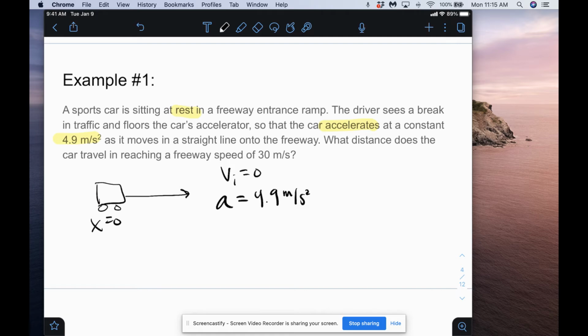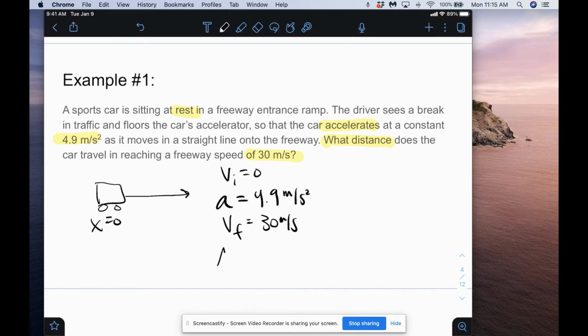And then it says, what distance does the car travel in reaching a freeway speed of 30 meters per second? So we're going to reach a freeway speed of 30 meters per second, which means that my final velocity is going to be 30 meters per second. And then they're asking me what distance. So what they're asking for in terms of symbols is our distance, or in this case, our displacement, because distance and displacement are the same thing here, since we're just traveling in a straight line in one direction.